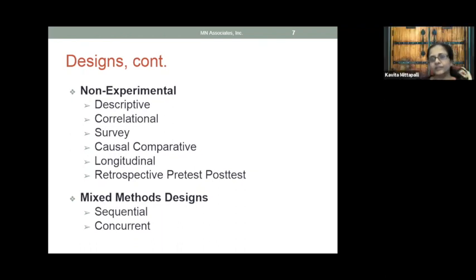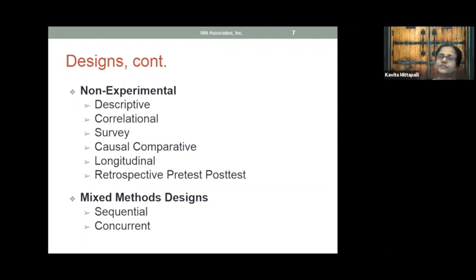The sequential is like in sequence: you do qualitative first, followed by quantitative, or you do quantitative first and then qualitative, to make sure that the findings stick together. It's not very popular, but people do use it depending on their sample, their research questions, how they want to conduct the study, and also on resources and budget.